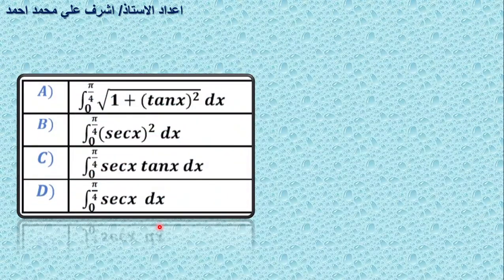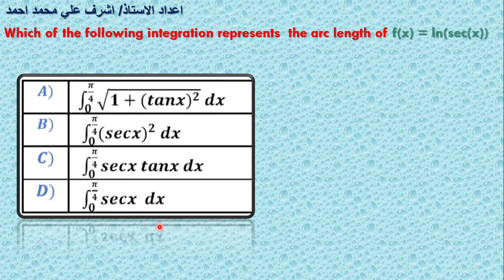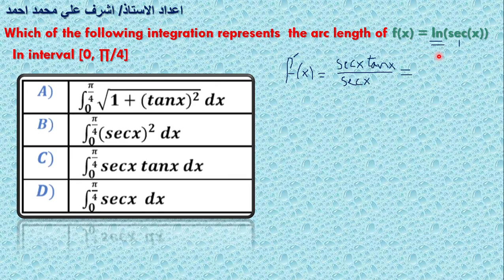Next question. Which of the following integrals represents the arc length of f of x equals ln secant x? The interval is from 0 to pi over 4. So f prime equals, what is the rule of the derivative of ln? The function goes down and its derivative goes up.